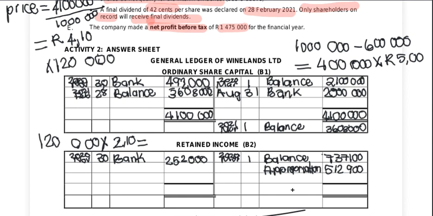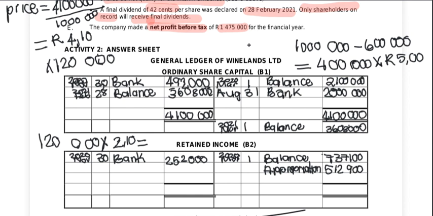Then we total up. So it's the 512,900 plus the 737,100. That gives you a total of 1,250,000.